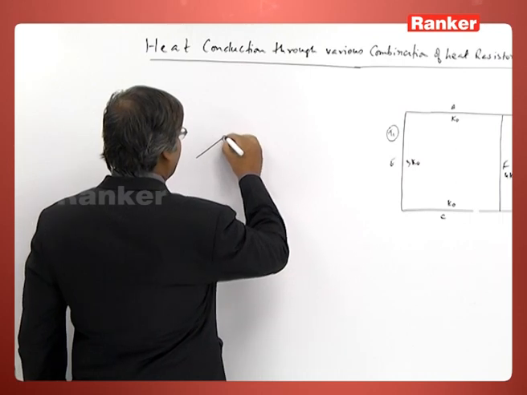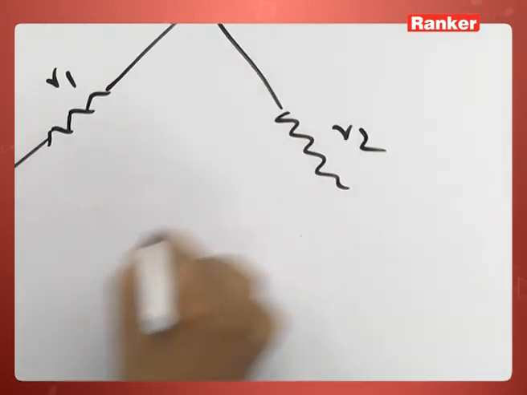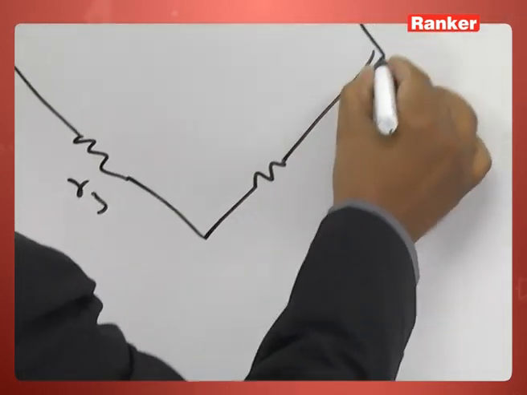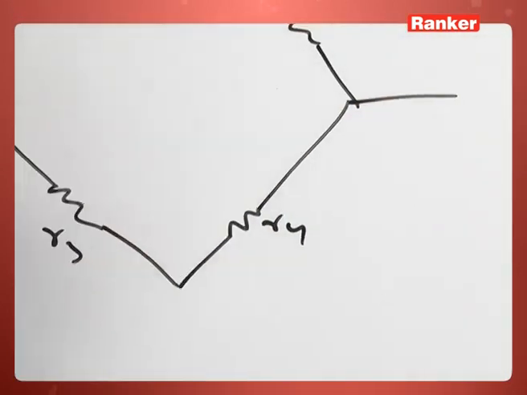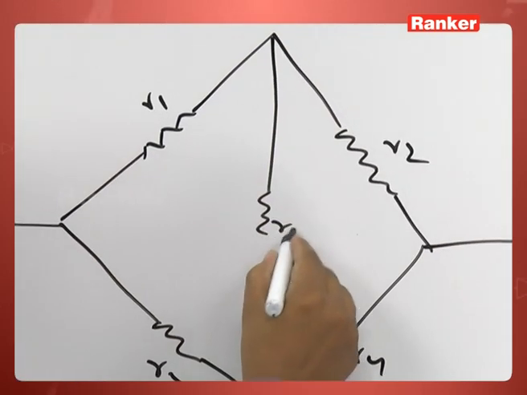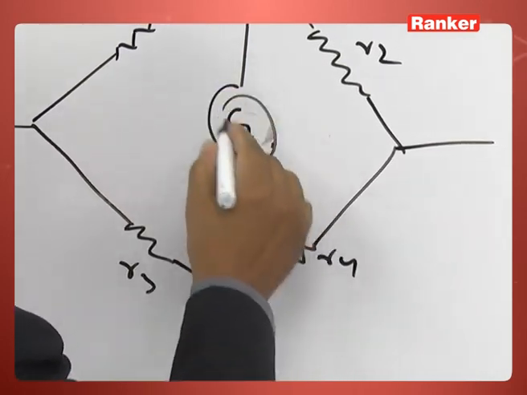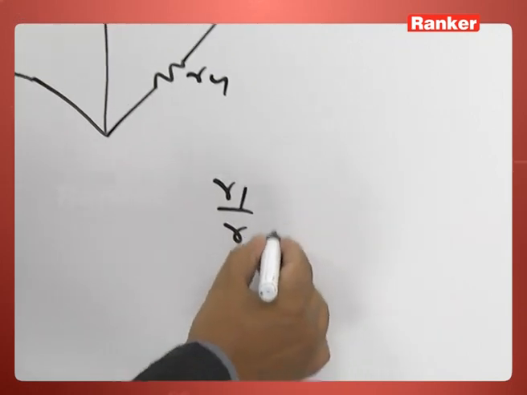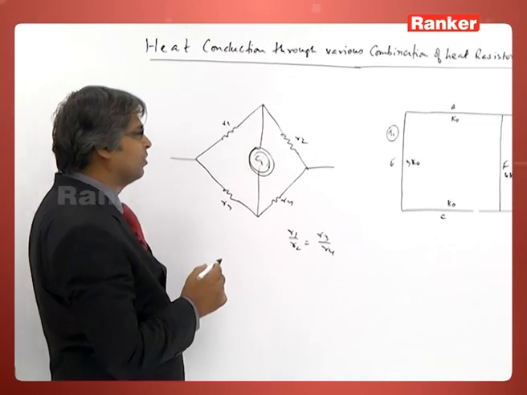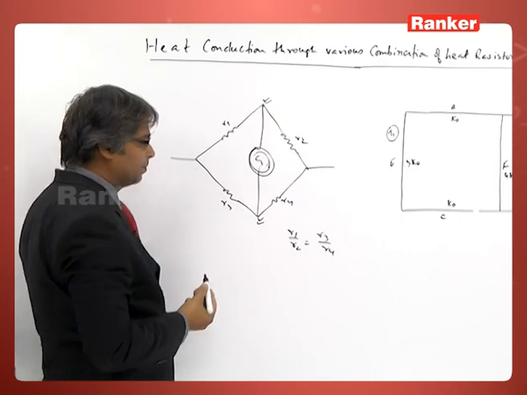In electricity we have seen that if this is R1 and this is R2, and we have R3 and this is R4, so if we have 4 resistors arranged in this manner, and suppose here there is R5 or something, or suppose here we have a galvanometer, then if R1 by R2 becomes R3 by R4, there is no reading in this galvanometer. That means these 2 points are at the same potential.